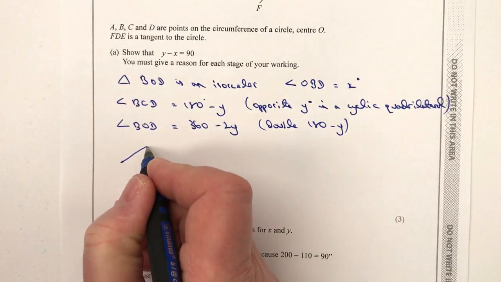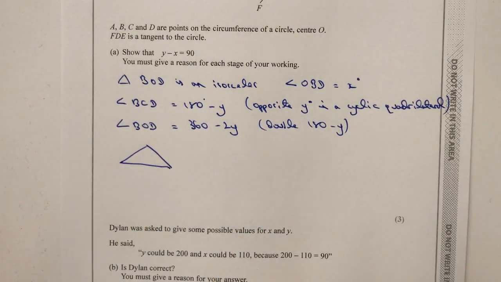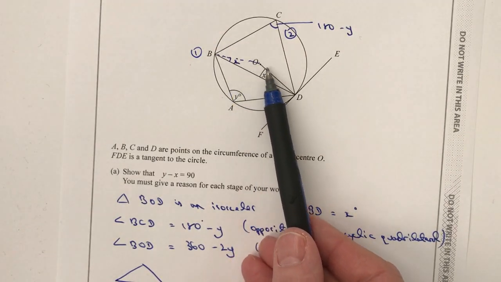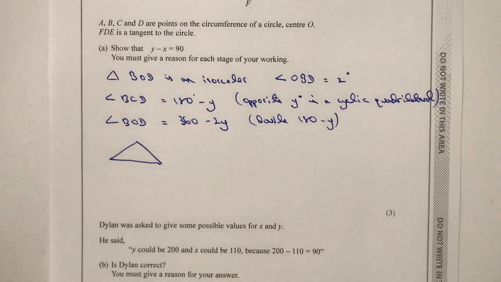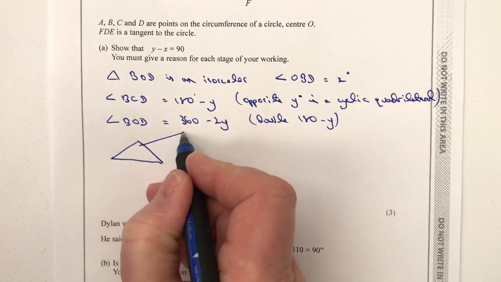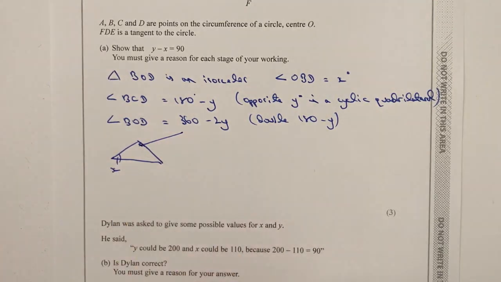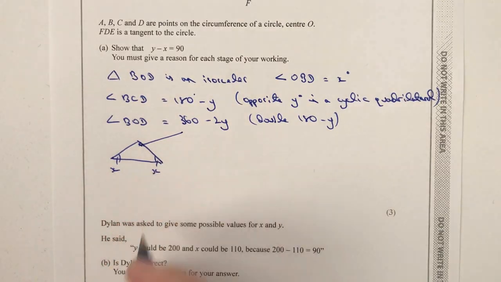So in that triangle, this little triangle here, if I now fill in the angles, I've got this one, and I know this is x, and the other side is x as well.